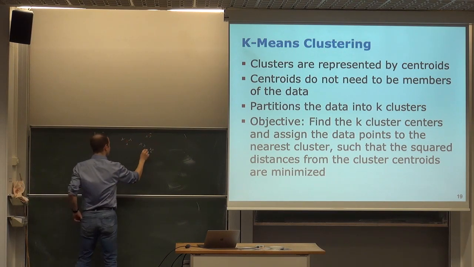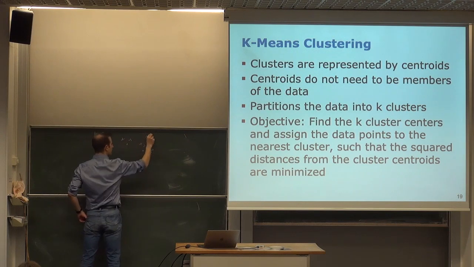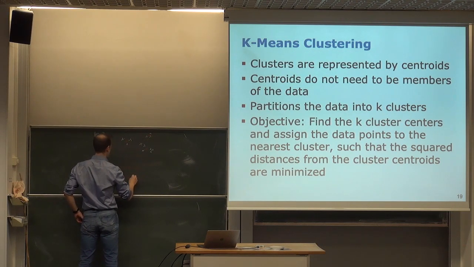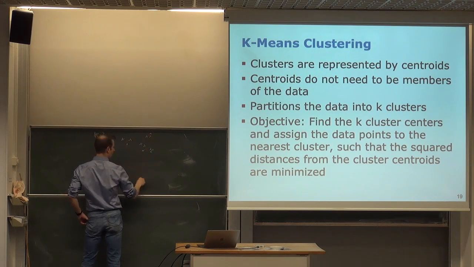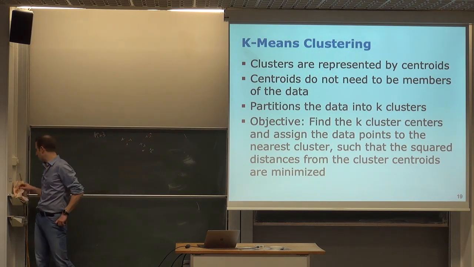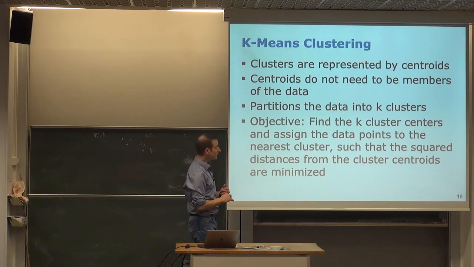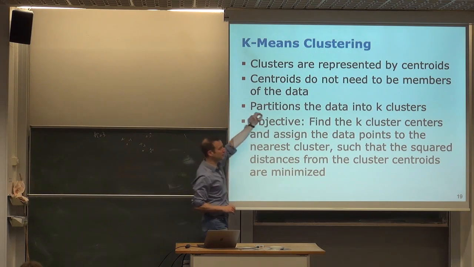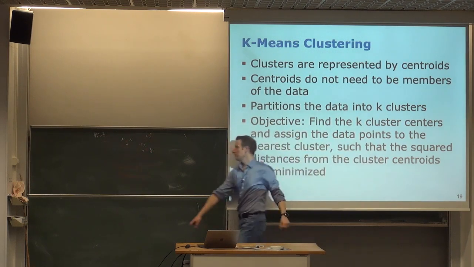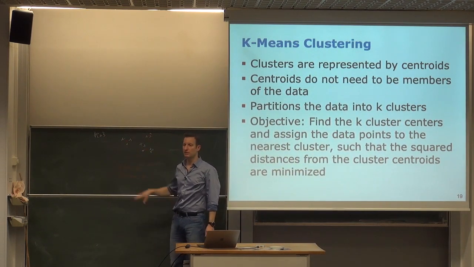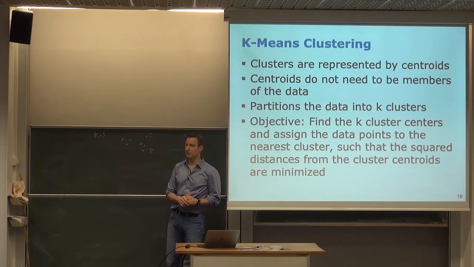So those red points are the centroids, the means of the white crosses. The goal is to find this partitioning of the data into k clusters, which I have now illustrated with those circles.